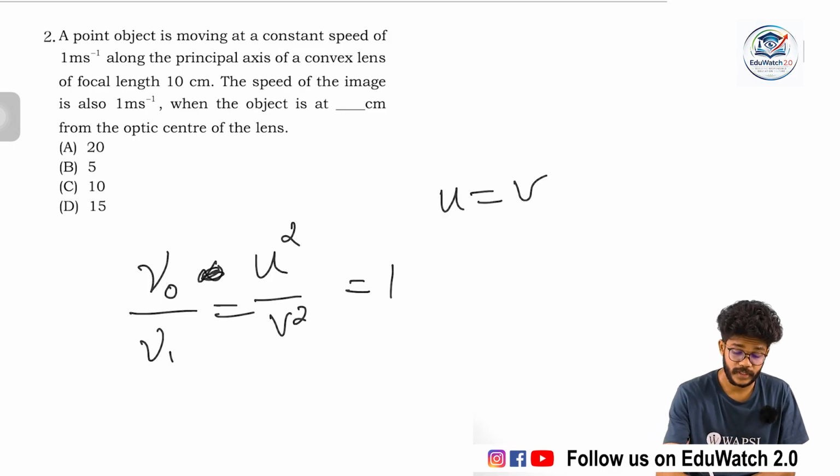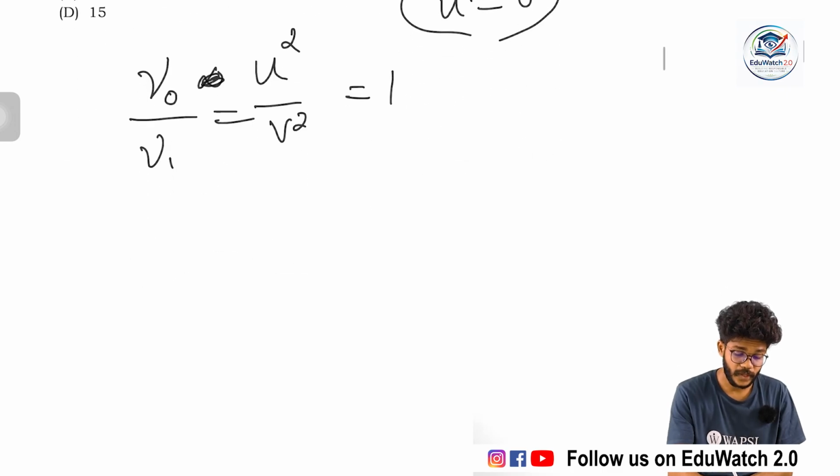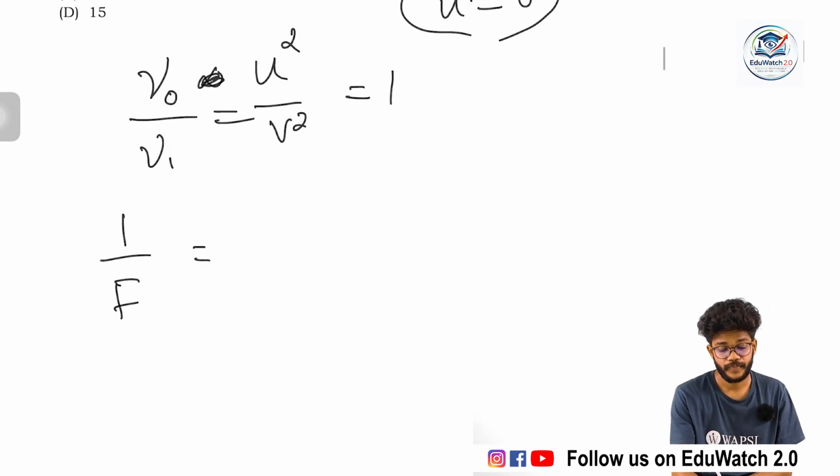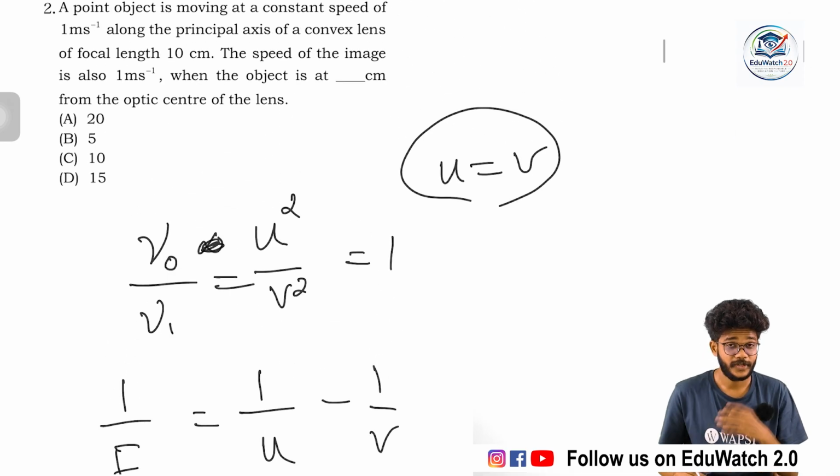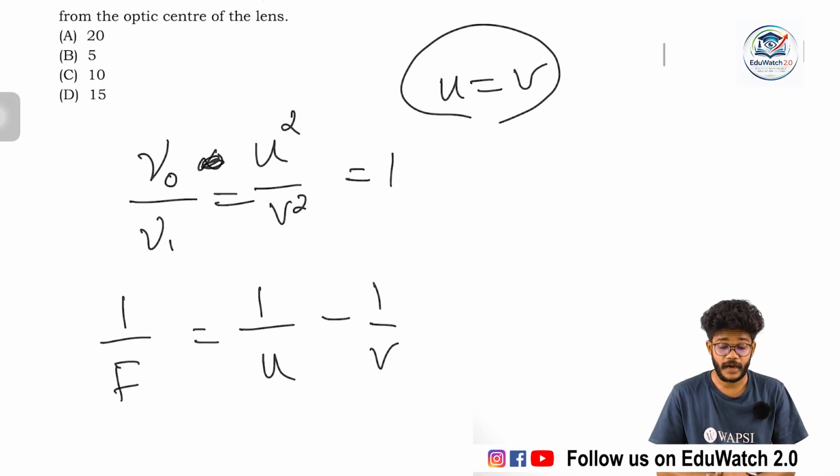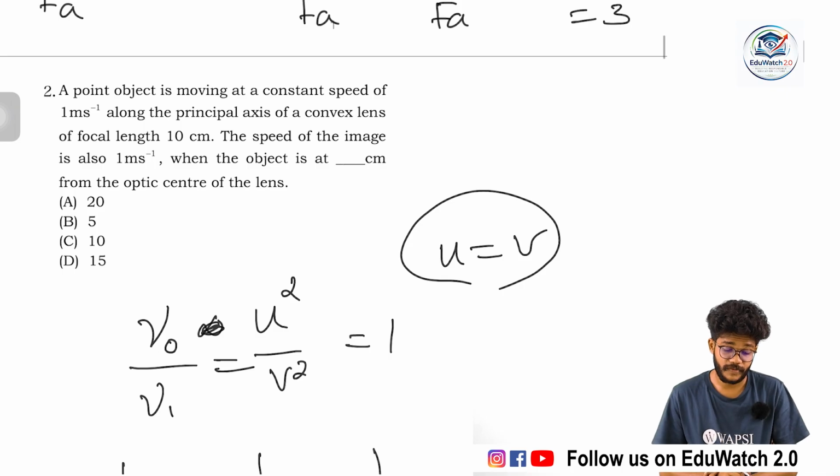Correct? Yes, u is equal to v, and we have the equation 1 by f is equal to 1 by u minus 1 by v. Then you are thinking that if u and v are equal, then 1 by u minus 1 by v is equal to 0. But here the focal length is 10 centimeters. How is it possible?